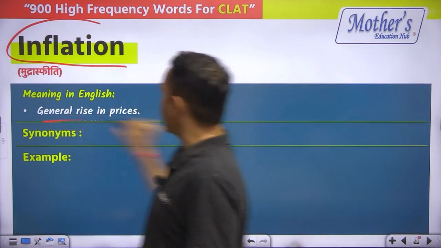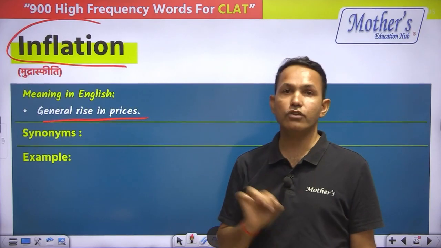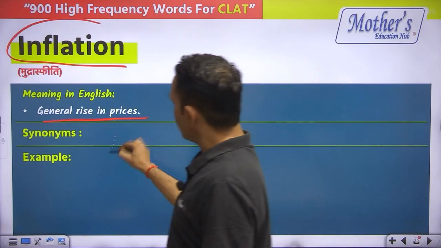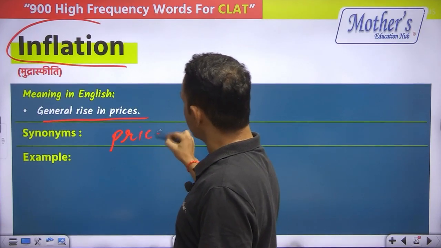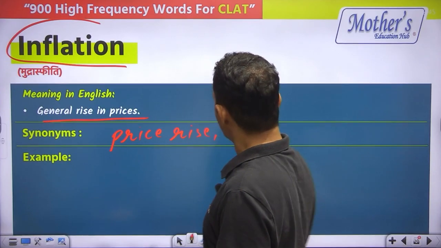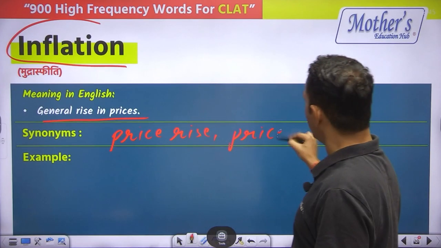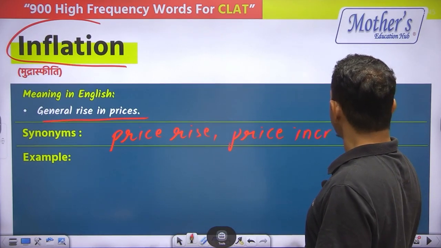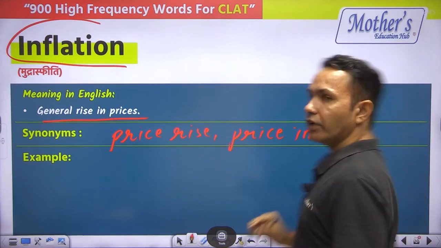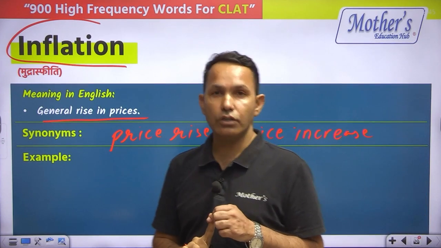Inflation means general rise in prices. So we can say price rise, price increase. Inflation in India is under control.